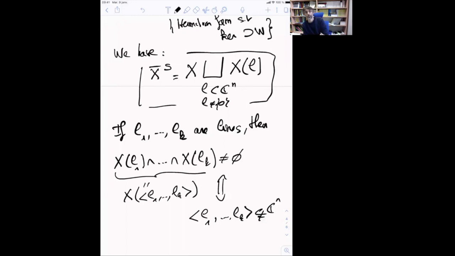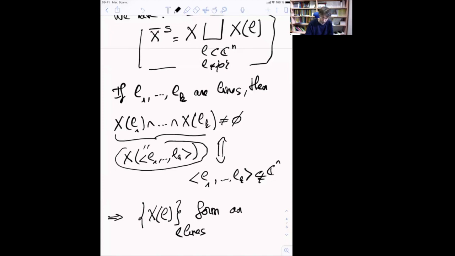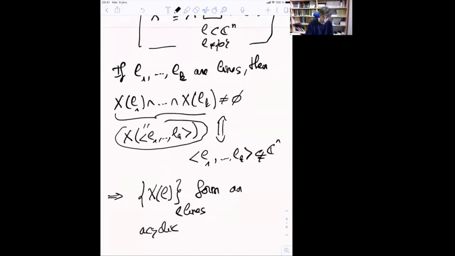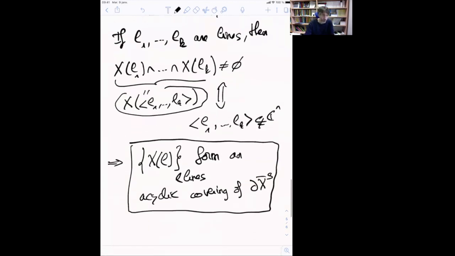So in particular, since all these are contractible subsets, the cover by the XL, where the L are lines, forms an acyclic cover of the Satake boundary.